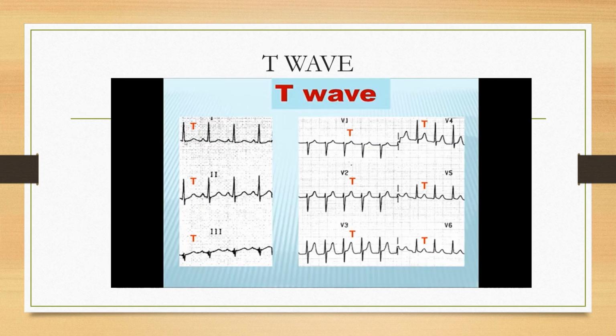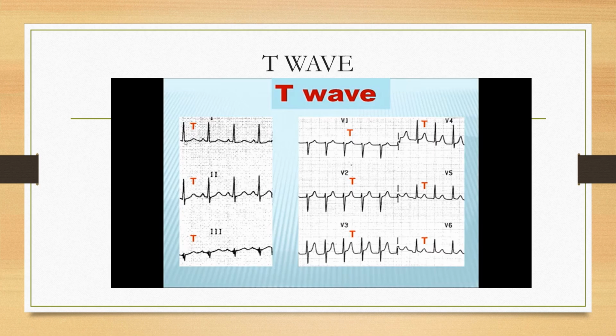Then we talk about T wave. T wave is generally a flat wave, widened or negative, indicating pathology. Generally, T wave is round and asymmetric, and it is not more than 1/2 of the R wave.